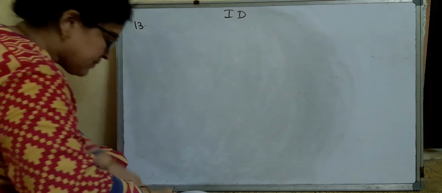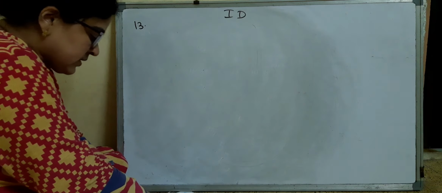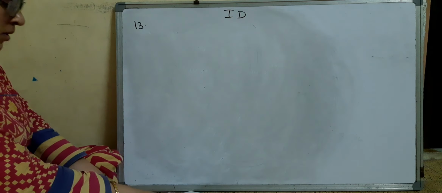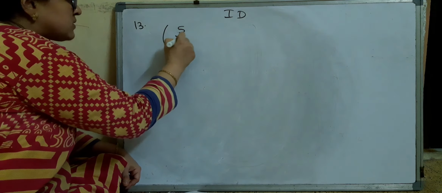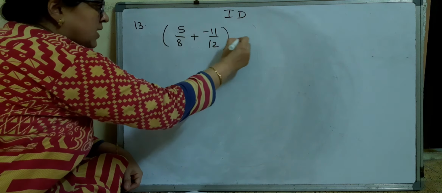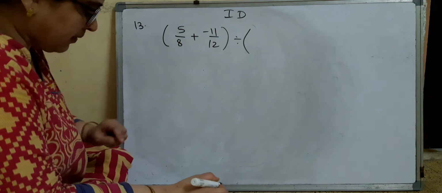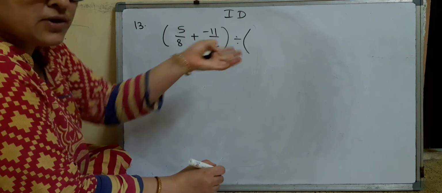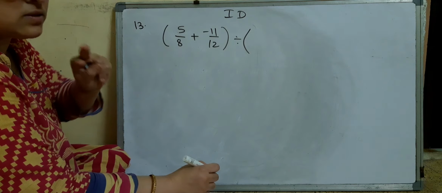13th sum. Divide the sum of 5/8 and -11/12 by the difference of 3/7 and 5/14. First, 5/8 plus -11/12, with the divide sign. Then the difference of 3/7 and 5/14. So we will get two answers.